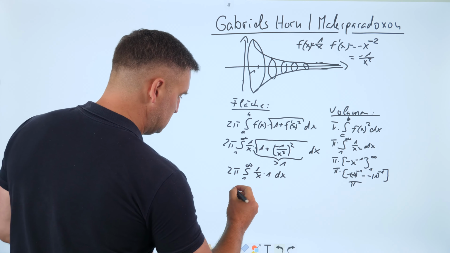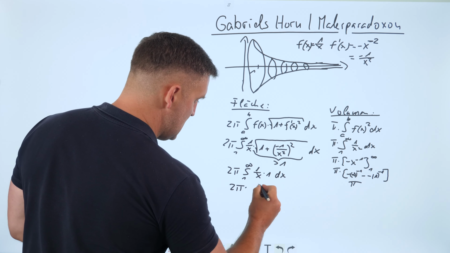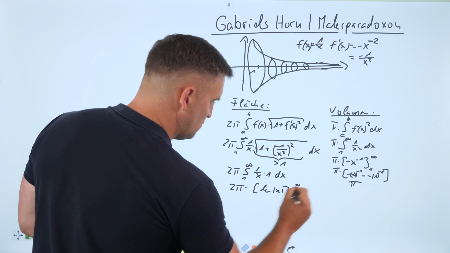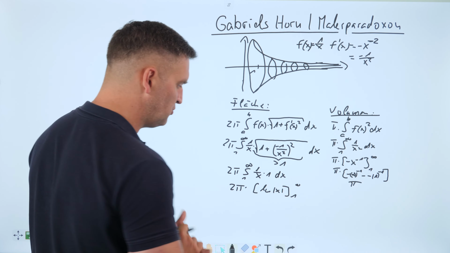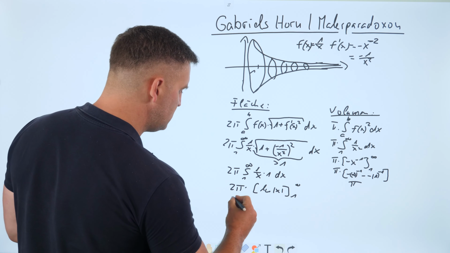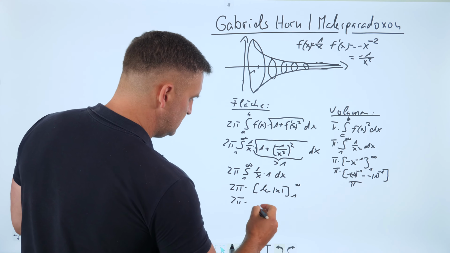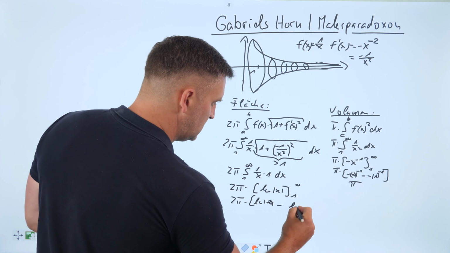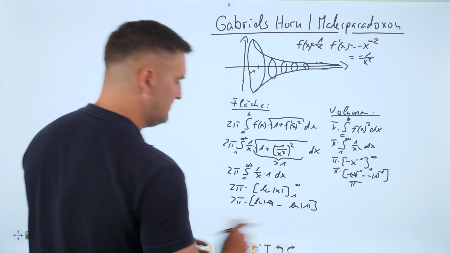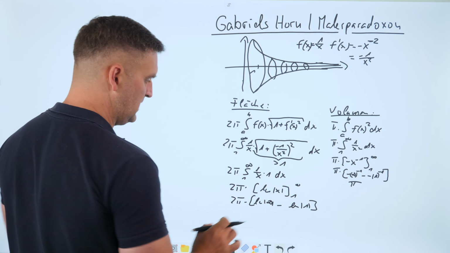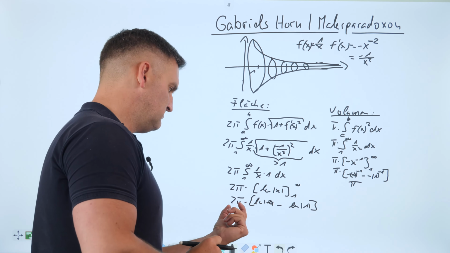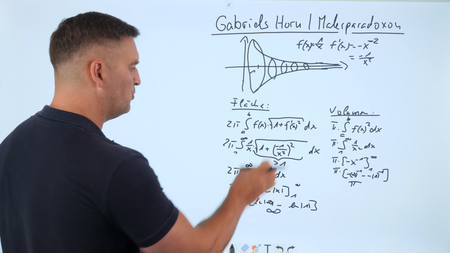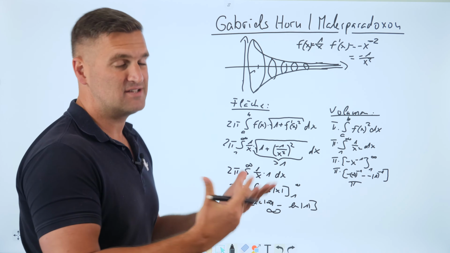That means we get 2 pi times ln of the absolute value of x from 1 to infinity, upper value plugged in minus lower value plugged in. There we have 2 pi times ln of infinity minus ln of 1. Ln of 1 is 0, so we're left with ln of infinity, and that's infinity. So 2 pi times infinity gives infinity, and since the original is definitely greater, we're also at infinity there.